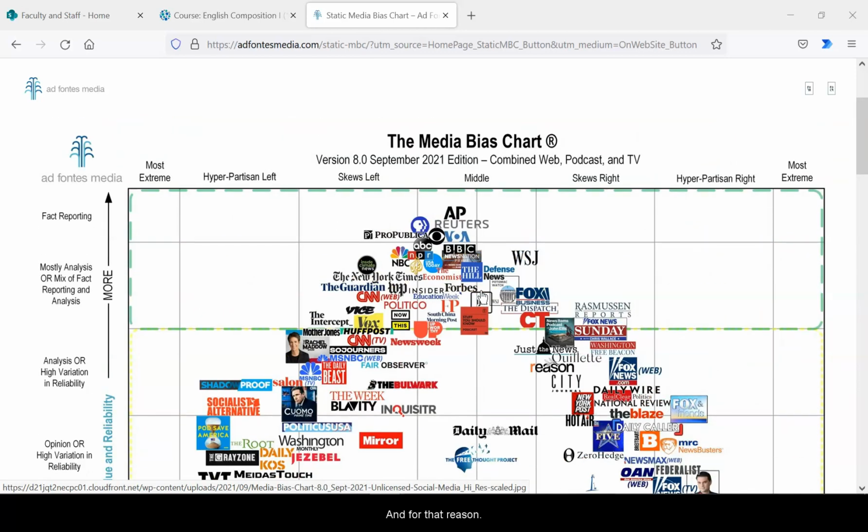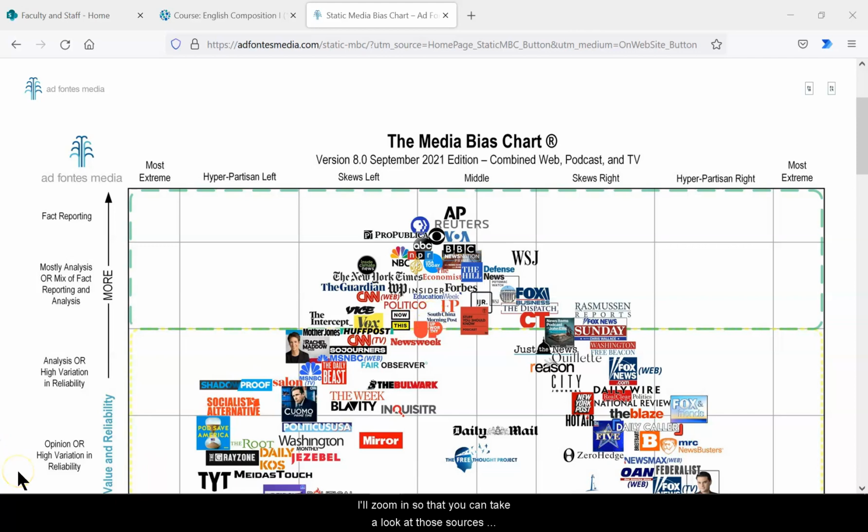And for that reason, we want to stick within the center four sections of this chart. In other words, we want the material that's most in the middle and that is most accurately reporting facts and information.